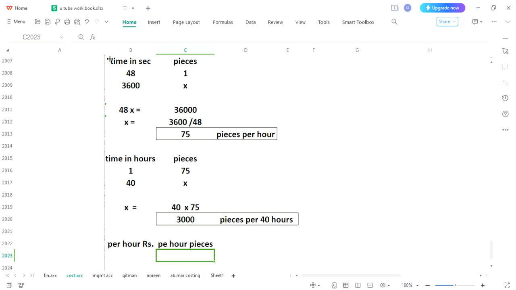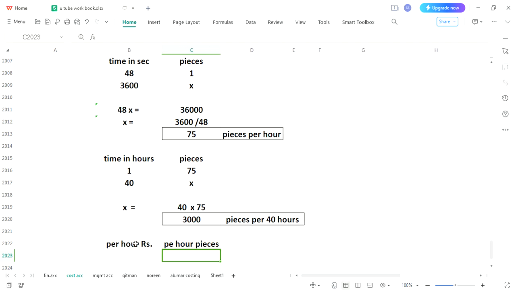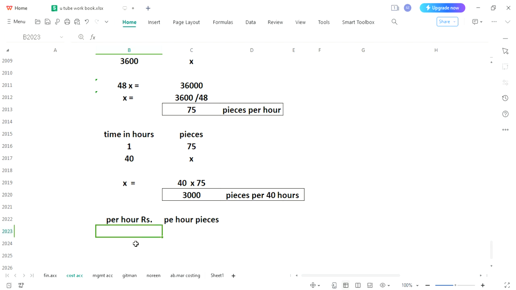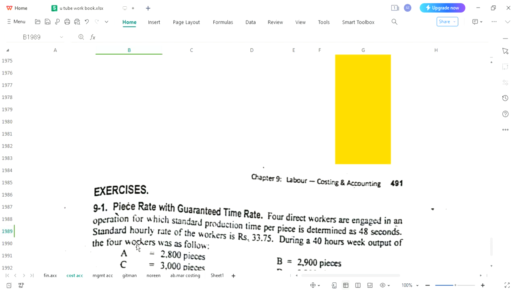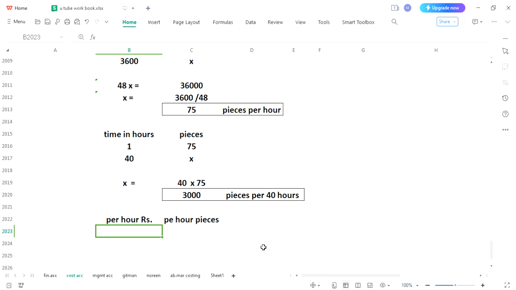Let's make a little more space. So we have two conclusions. Per hour rupees is given in the question. As you know, the standard hourly rate of the worker is 33.75. So the per hour wage rate is 33.75, and per hour pieces we have calculated 75.